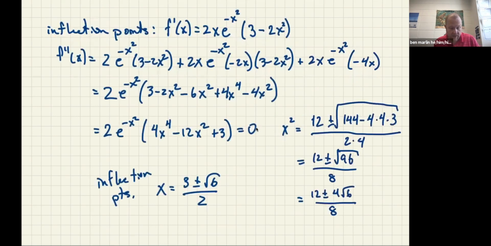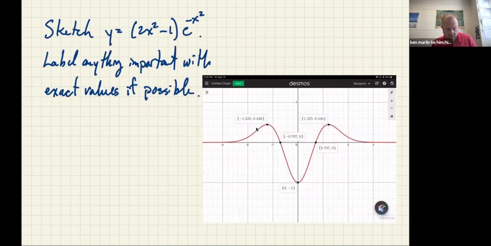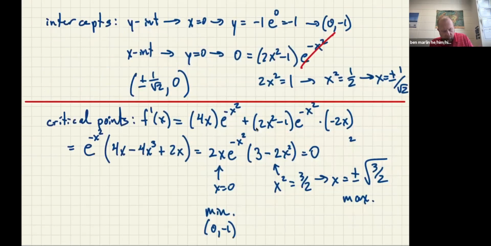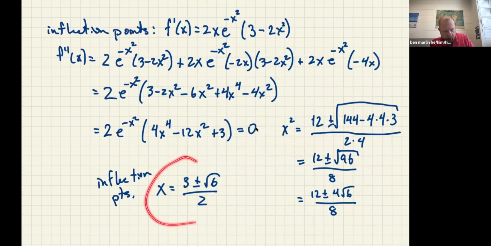And that gets all the important pieces, right? We had spotted here these intercepts, and now we've got the inflection points. It turned out the inflection points were not equal to plus or minus 1 over the square root of 2, like I thought they would be.